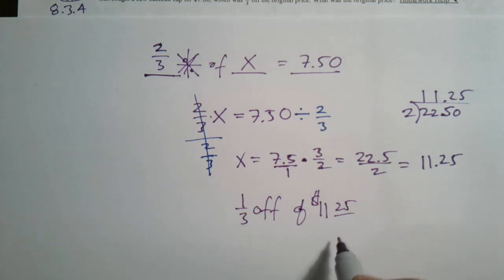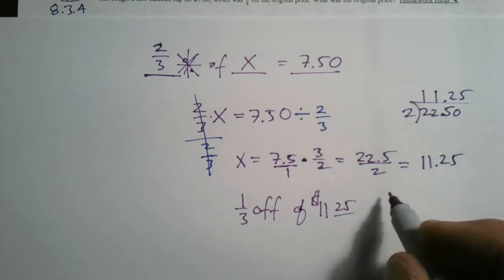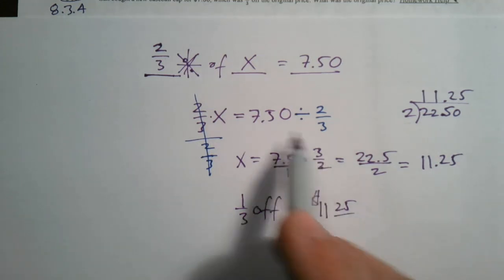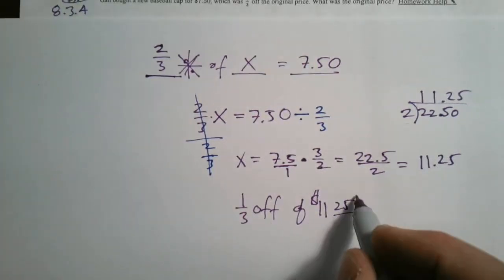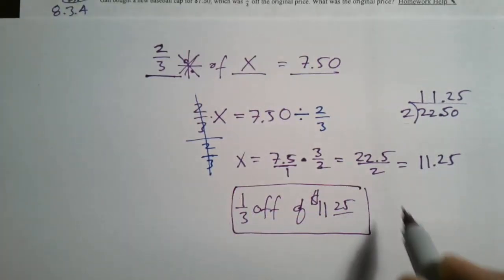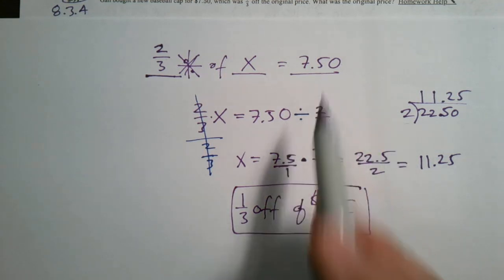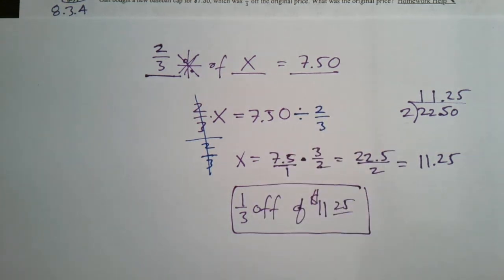That is what we're trying to figure out, because I want to know the original price. So there's my answer, 1/3 off of 11.25. And if you do the 1/3 off and then the subtraction, you're going to get your new price of 7.50. Okay, there you go.